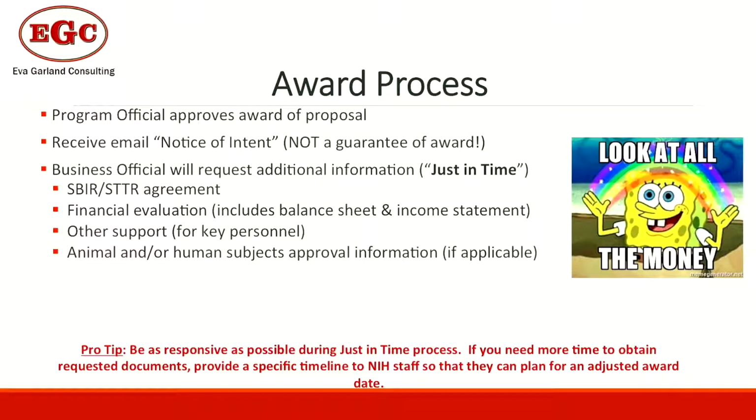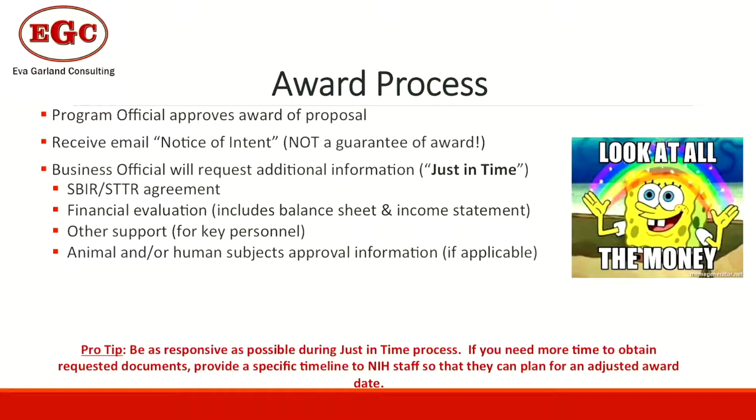So what is the paperwork involved in just in time? It will involve an SBIR agreement that you will need to fill out. There's a financial evaluation that will include a balance sheet and an income statement from your company. You will get asked about other support for the key personnel: what other grants are you on currently?